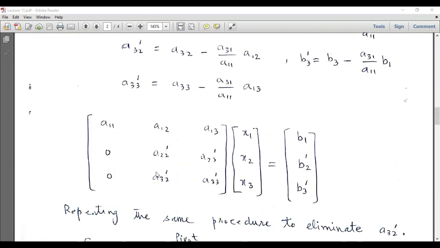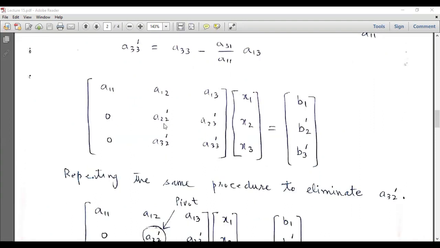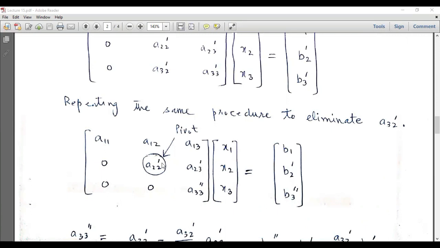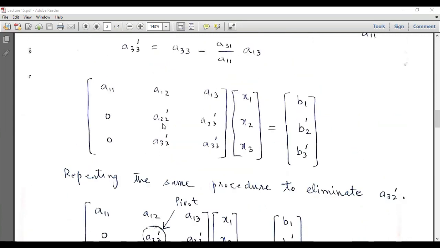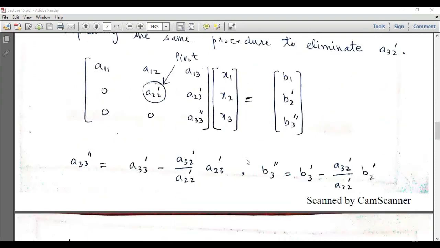So if we want to make this entry equal to 0 now, we will use this entry as a pivot, right? So a22 dash will become our pivot, and we will multiply the second equation by a32 dash over a22 dash, this whole equation, and subtract it from the third equation. So this entry will become equal to 0, and this entry and this entry will also change.